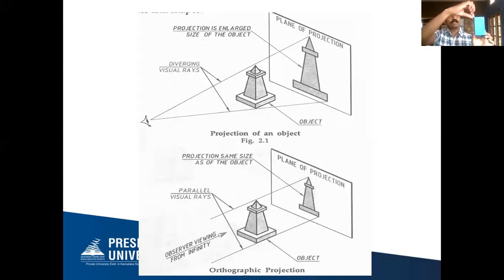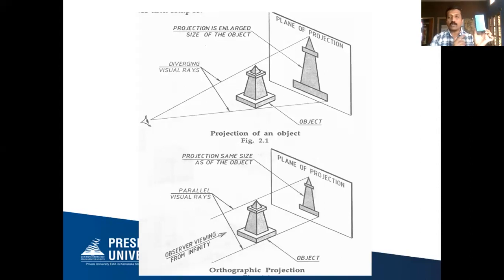The projector lines that you extend from the identified points should be drawn such that they are parallel to each other, as well as perpendicular to the plane where you are projecting.